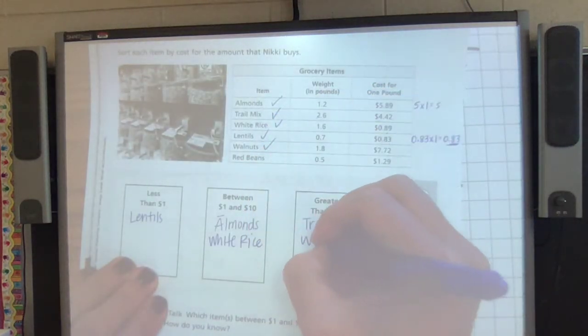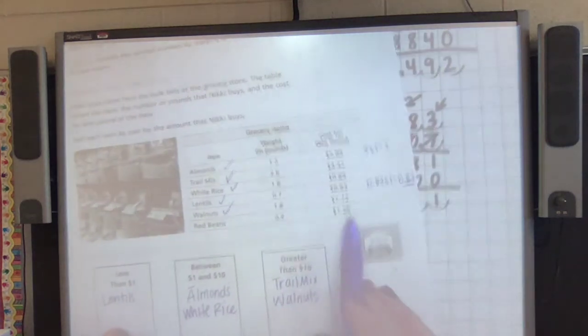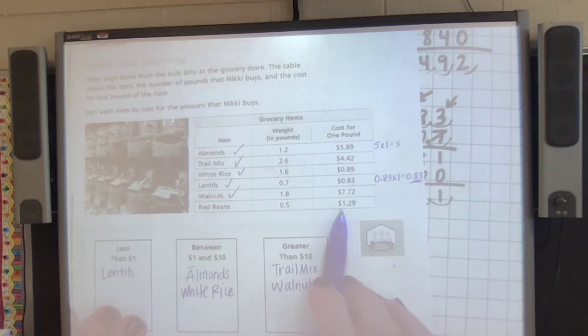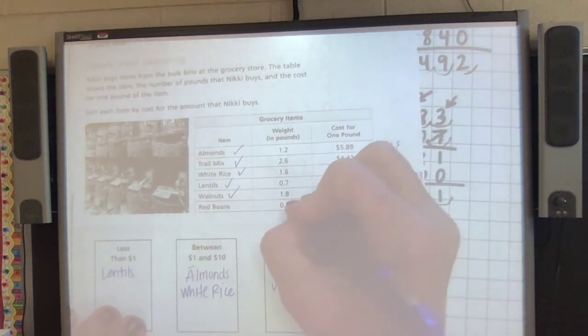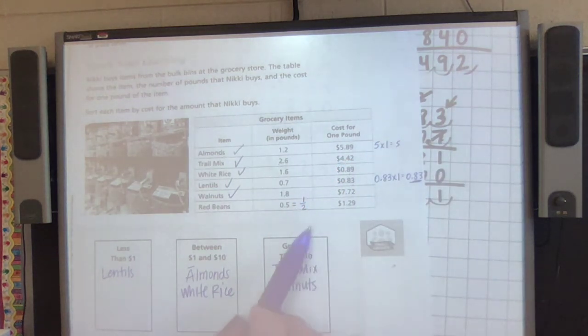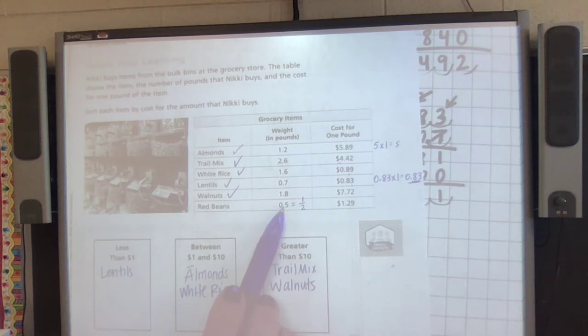It's greater than 10. And let's do the red beans. All right, here's another good one. $1.29 for a pound. I'm buying 5/10, which is the same value as a half. So if I didn't buy 1, I bought something less than 1.